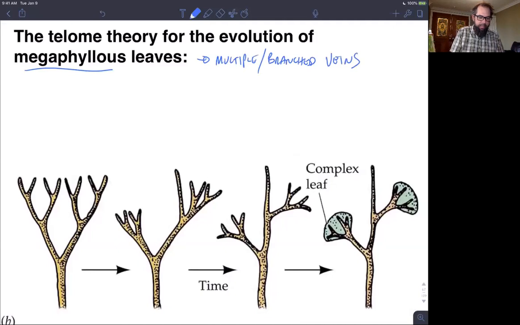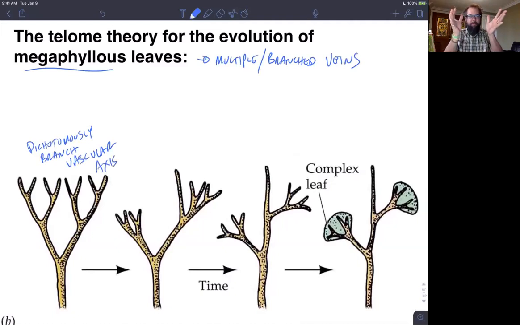The first is that these started from dichotomously branched vascular axes. So these are dichotomously branched sporophytes with vascular tissue inside of them.